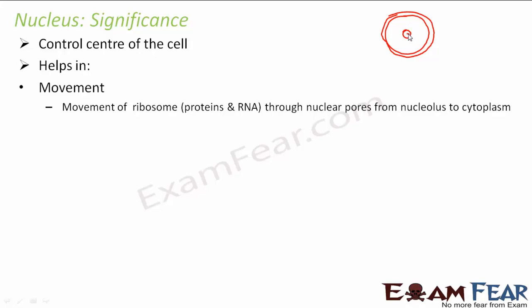So these ribosomes are transported outside through the nuclear pores which are present on the nuclear membrane. If you do not have these nuclear pores, it is like the entire nucleus is compact. Nothing can move out from the nucleus, nothing can come into the nucleus. But because of the presence of those nuclear pores, the ribosomes which are produced inside the nucleolus can be transported from the nucleus to the cytoplasm, because outside everywhere you have cytoplasm.